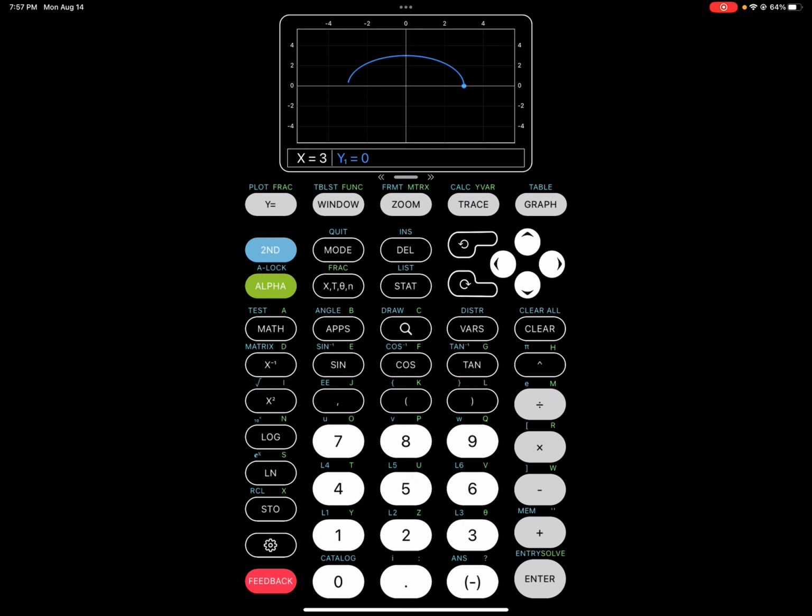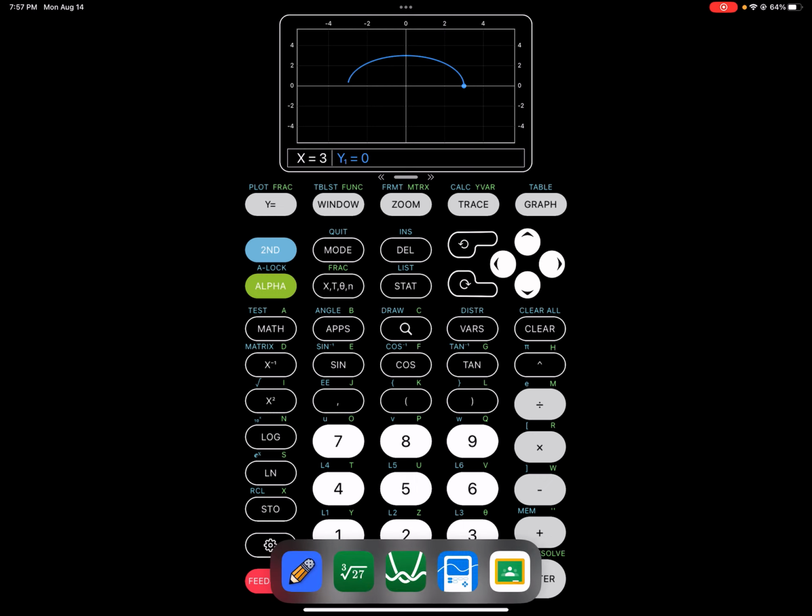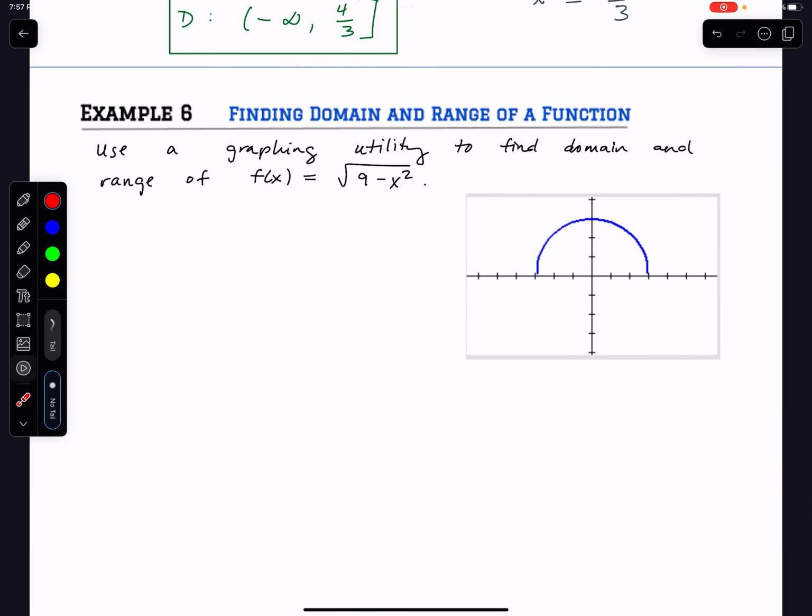So it looks like the domain, the x's, are only between negative 3 and 3. Going back to my notes, the domain is bracket negative 3 to 3.